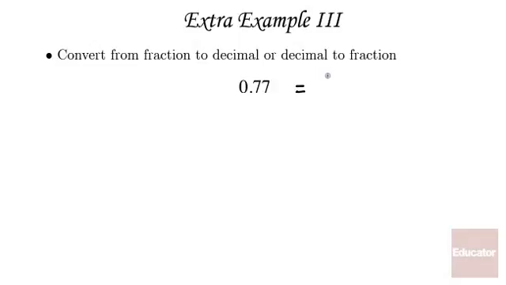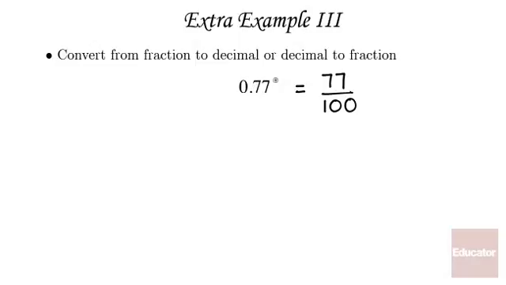So again, I can write that number at the top, and then how many pennies are equal to $1? I know that 100 are equal to $1. So this is the same thing as saying I have 77 pennies. So 0.77 is the same thing as 77 over 100.